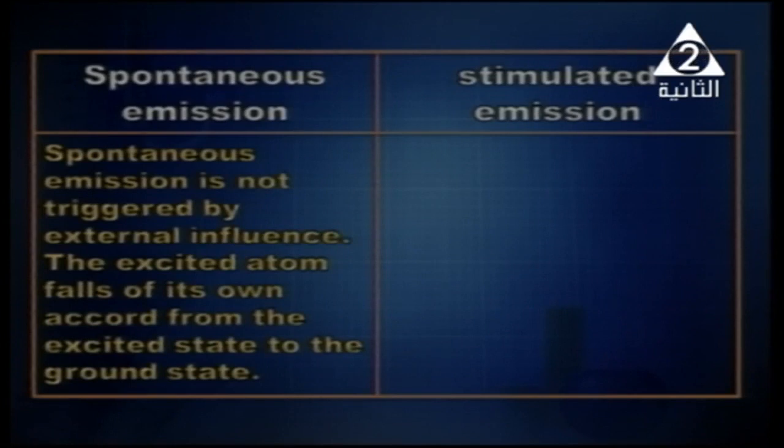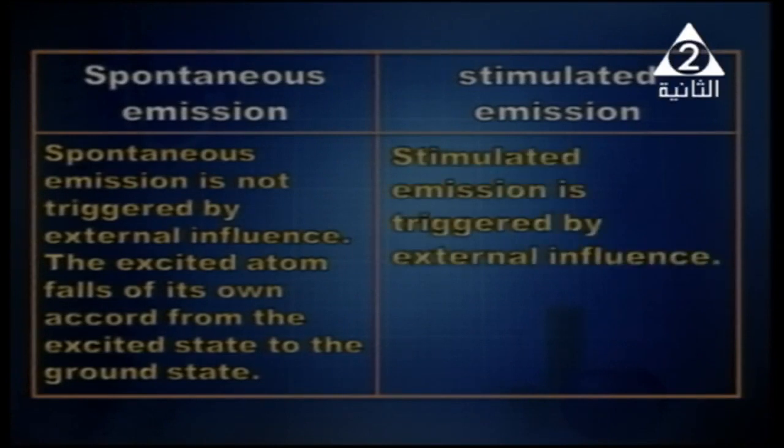Spontaneous emission is not triggered by external influence. The excited atom falls of its own accord from the excited state to the ground state. Stimulated emission is triggered by external influence.